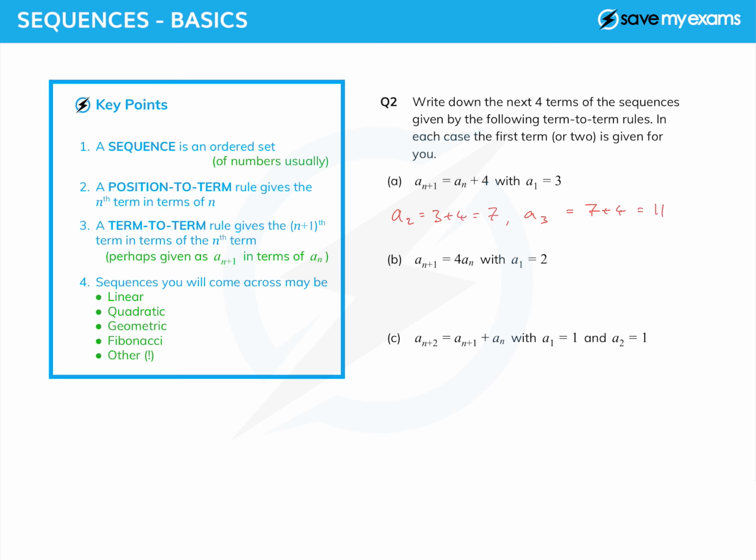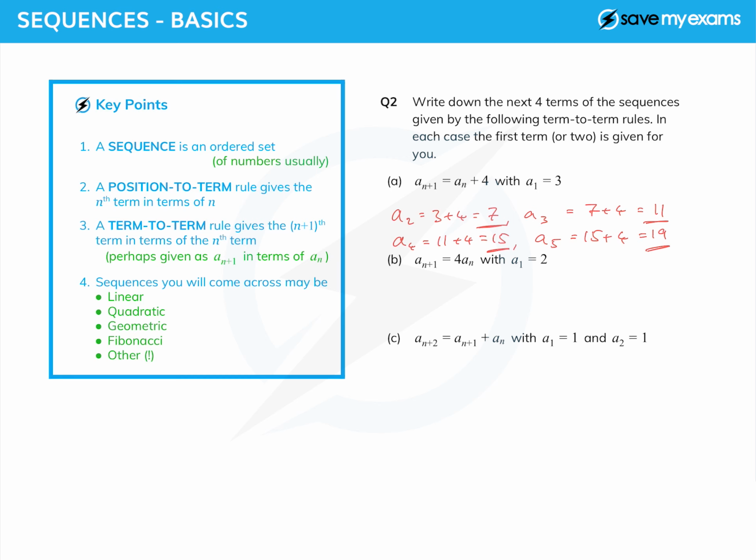Notice each time what I'm doing is I'm taking a2 is a1 plus 4, so I'm adding 4 to the term. To get the next term, a3, I take a2, which was 7, and add 4. And so a4, I'm going to take a3, which is 11, and add 4, which is 15. And a5 will be a4, so that's 15, plus 4, which is 19. And there are the next 4 terms. Okay, that's also a linear sequence.